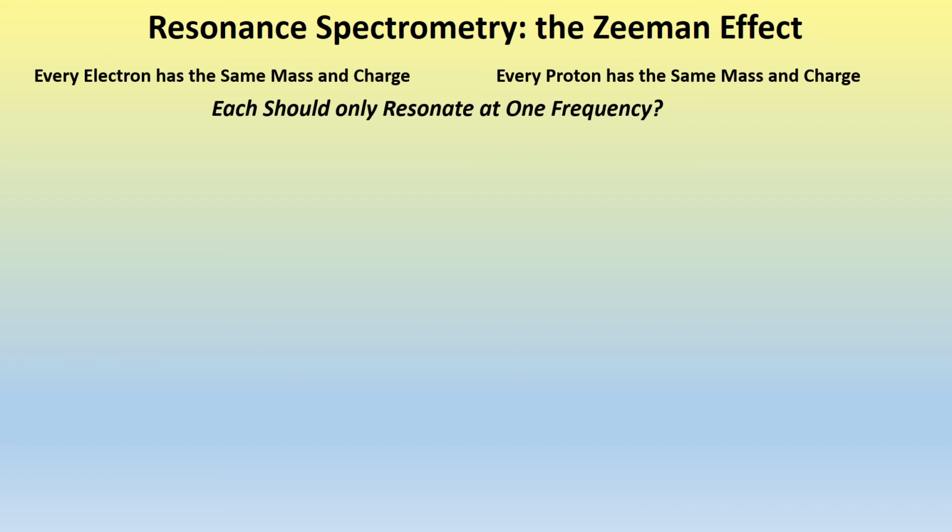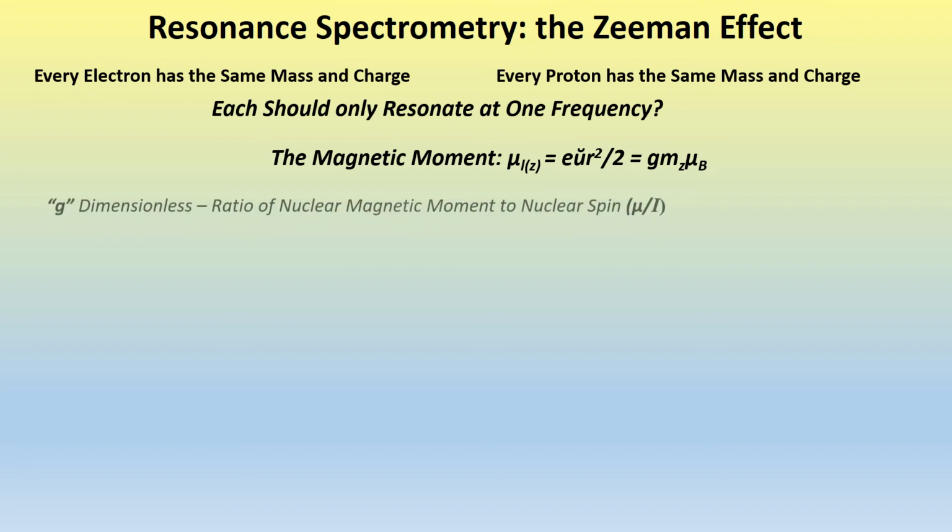Each fermion generates a magnetic moment, mu sub L in the z direction, which as you saw was equal to the fundamental charge, E, times the rotational speed times the radius squared over 2. This is also equal to G, which is a dimensionless ratio of the nuclear magnetic moment, or the magnetic moment to the nucleus spin, M, the component of the particle spin in the z-axis, which you know is m sub s for an electron, which is plus a half or minus a half.